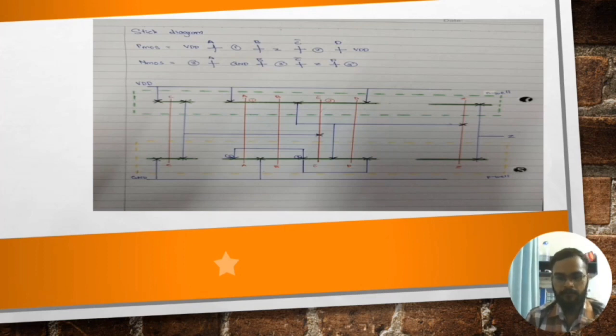The top part of the stick diagram is VDD, and the bottom part is ground. The dotted part is the N well, and the lower part is the P well. All our polysilicon lines are connected based on our previous schematic diagram, and all our connections are based on the Euler path. That's all. Thank you.